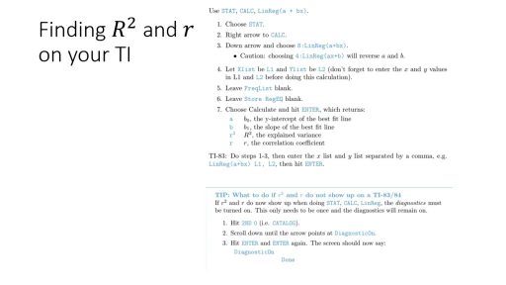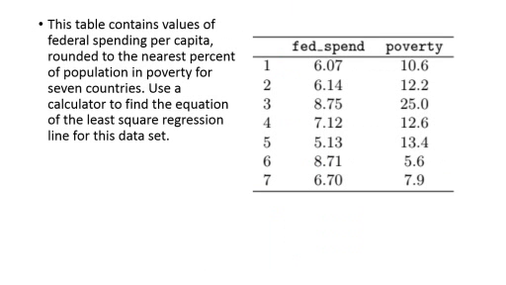Okay, so finding r and r squared on your calculator, here it is. This was on the previous one as well. So here's your step-by-step going through. It tells you what all of them are. And for an 83 and an 84, it's fairly simple. Okay, so with that, take a second and find the regression and everything using your calculator for this, and your r and r squared for this set of data.